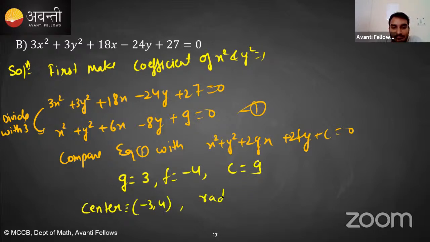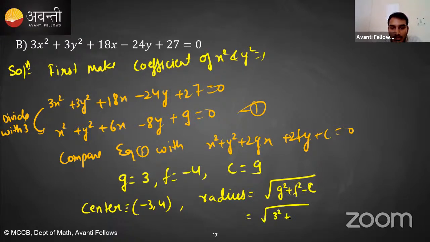Radius is under root of g square plus f square minus c. Yes, very good, JNV Ballari, very good. Minus 3 comma 4. So this is nothing but under root of 3 square plus 4 square minus 9. So it is nothing but 4 only. So radius is 4 and the center is minus 3 comma 4.